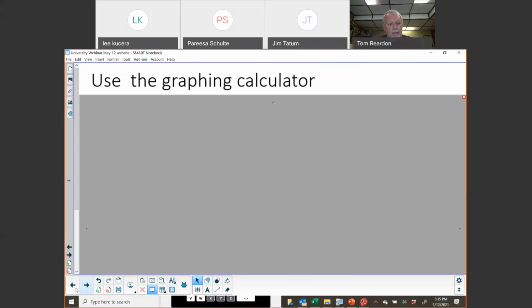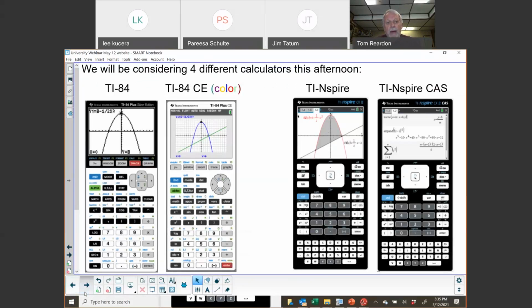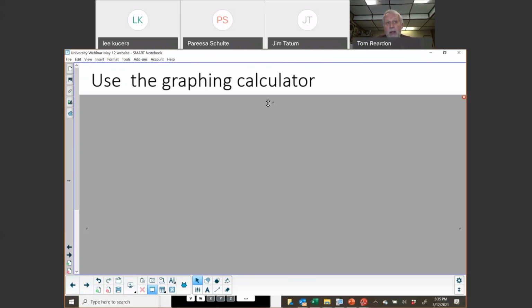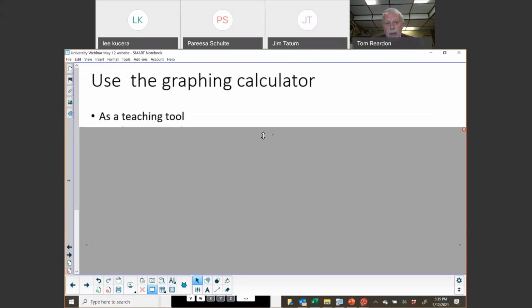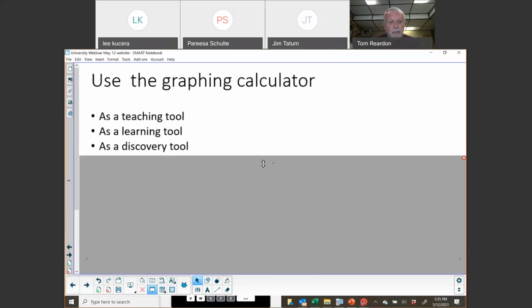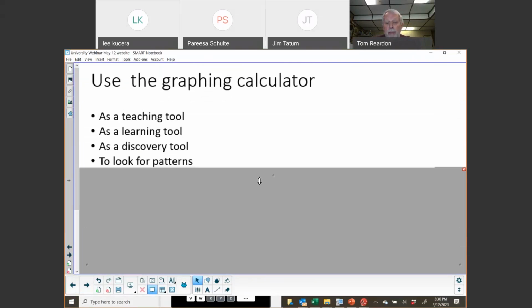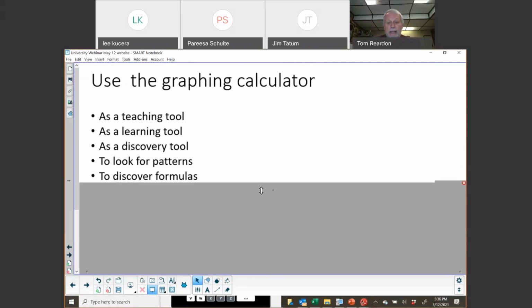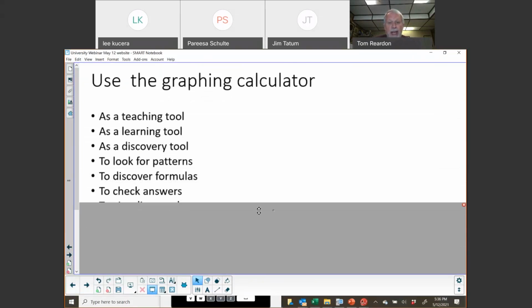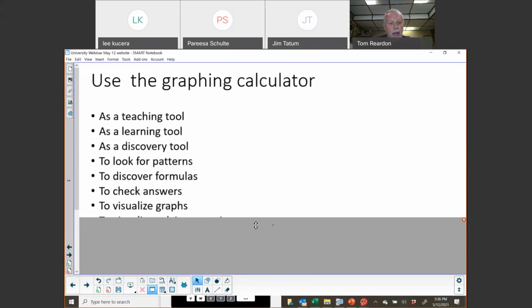But I first want to talk about how I use the graphing calculator, and I think Lee and other people use it. It's a teaching tool, but also a learning tool. A discovery tool to have the students discover the mathematics by looking for patterns, discover formulas, check answers. I love to use it to check answers instead of the back of the book syndrome.